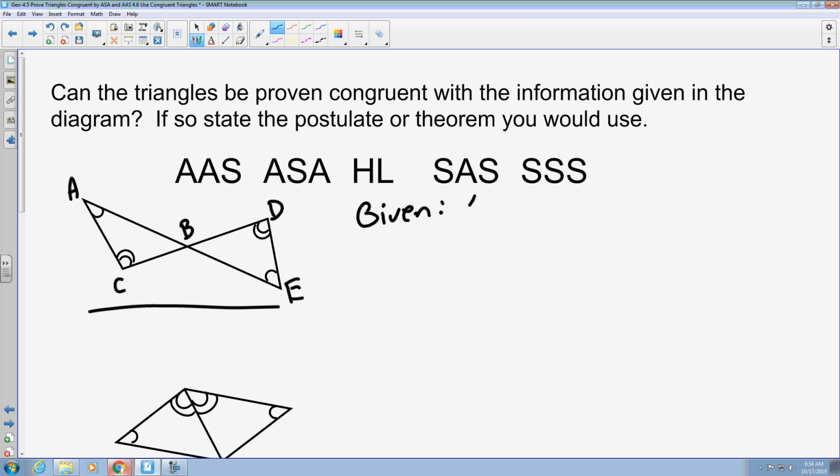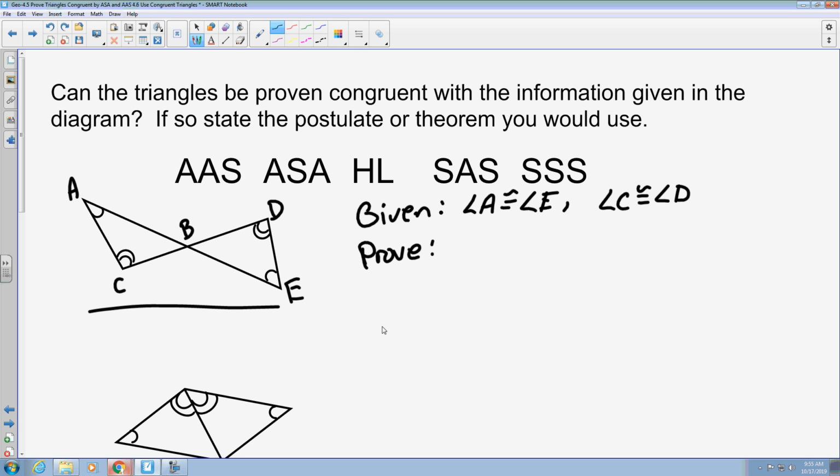Looking at what is given to us, we can say that angle A is congruent to angle E. And another thing that's given is angle C is congruent to angle D. The hash marks tell us that those two sets of angles are congruent. That's the only thing that they give us. Now we have to figure out what we can prove.